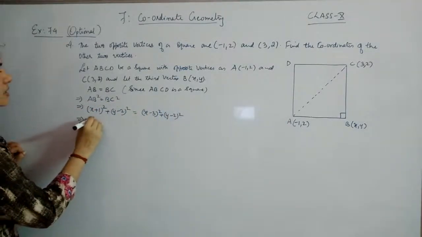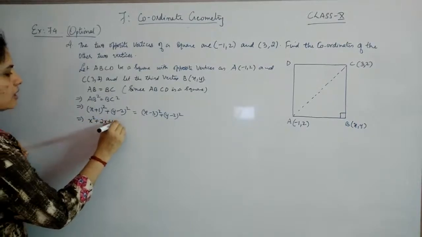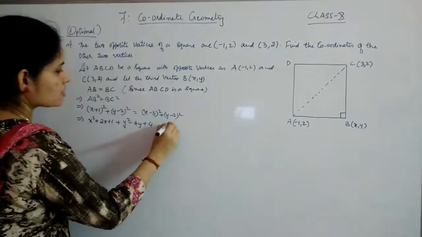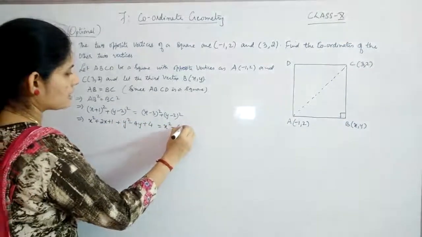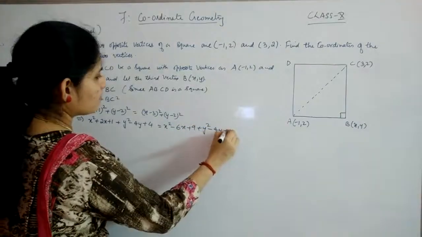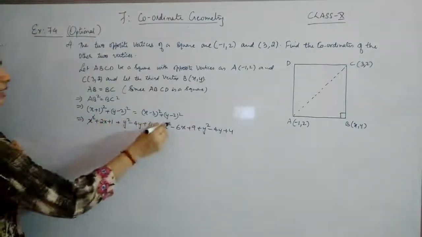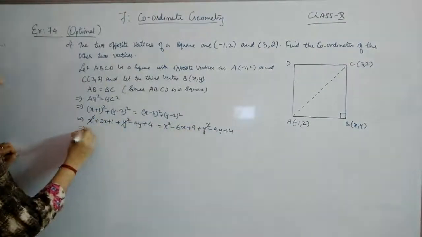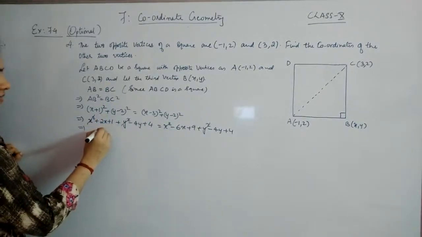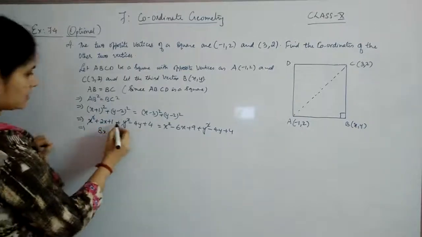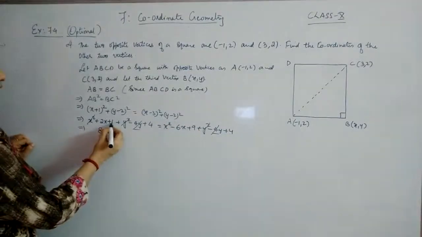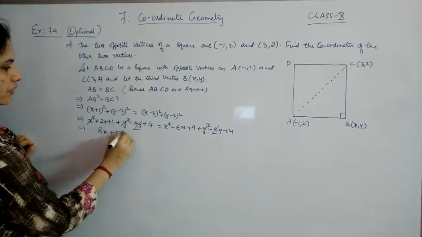Now expanding, you will get x square plus 2x plus 1 plus y square minus 4y plus 4 is equal to x square minus 6x plus 9 plus y square minus 4y plus 4. x square gets cancelled, y square gets cancelled. You are getting here 2x, here you have 6x, so this will come here as plus 6x, which will give you 8x, and minus 4y gets cancelled, and here you have 9 and 4 on the other side.